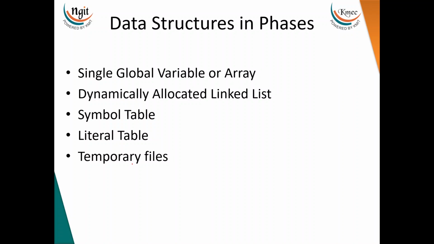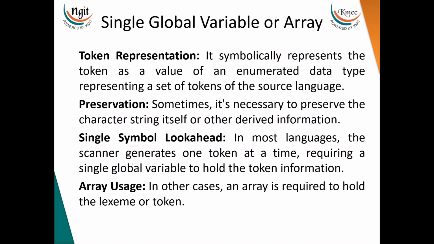So first we'll go with the single global variable or array. In the first phase of the compiler, that is lexical analysis, we are going to generate the tokens. Whenever an identifier or any token is detected, that should be remembered for the next phase of the compiler. So where do we represent this?